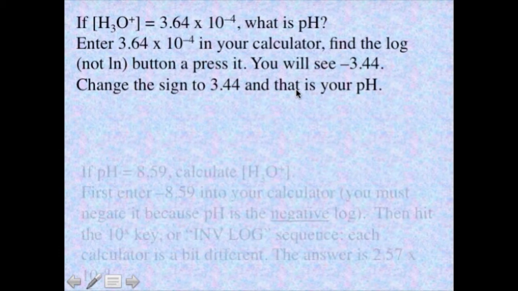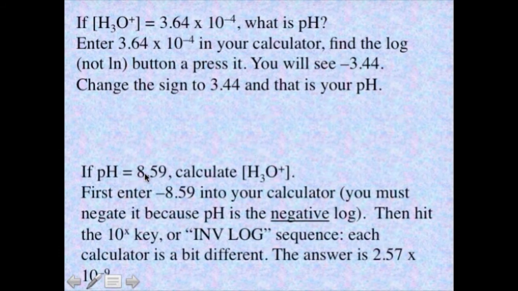Now, going in the opposite direction, from the pH to the hydronium ion concentration, first enter 8.58 and push the plus-minus key to make it minus 8.58 in your calculator window. You must negate it because, after all, pH is the negative of a logarithm. Then hit the 10 to the x key.